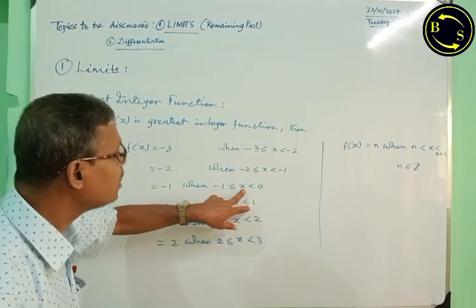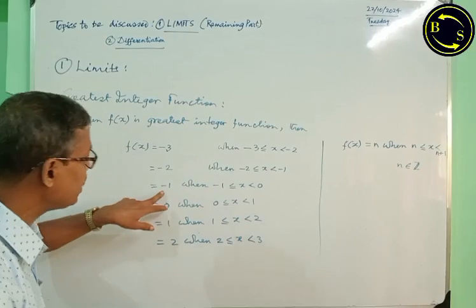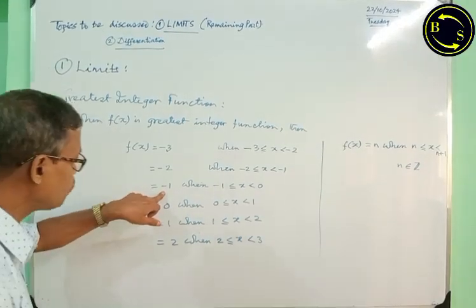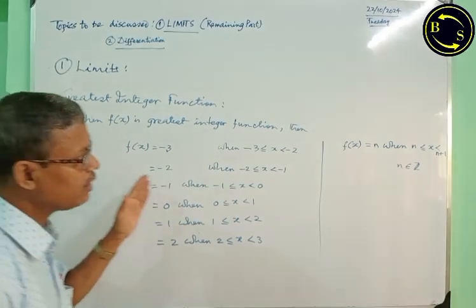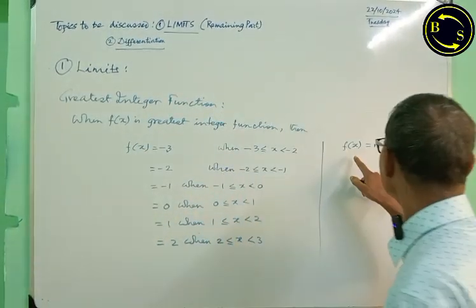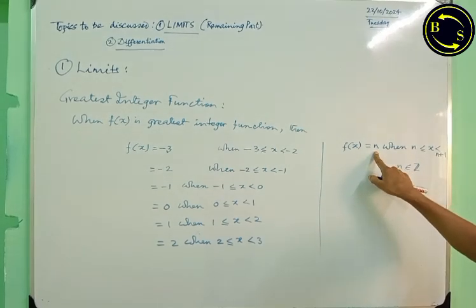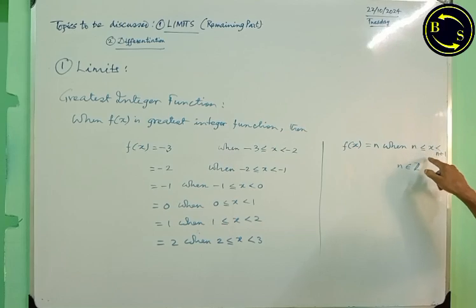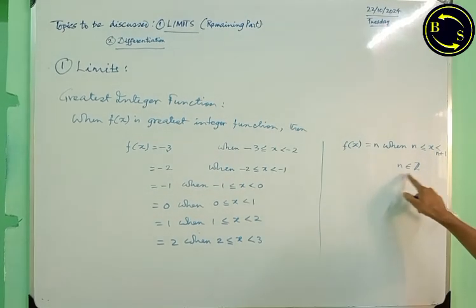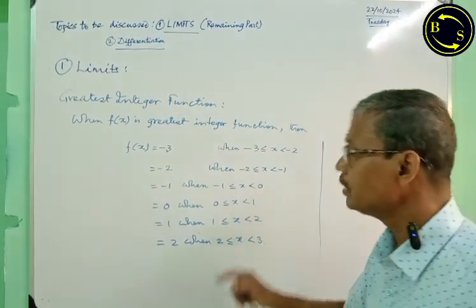When x is within -1 and 0, including -1, value of f(x) will be -1, like this. Therefore, I can define in brief form, f(x) will be equal to n when n is less than or equal to x less than n plus 1, where n is any integer. This is the definition of greatest integer function.